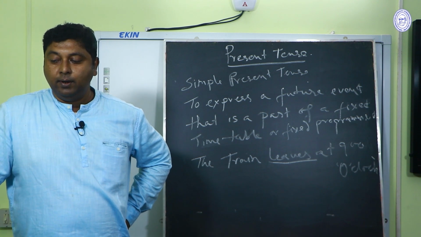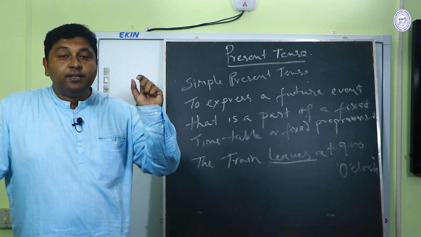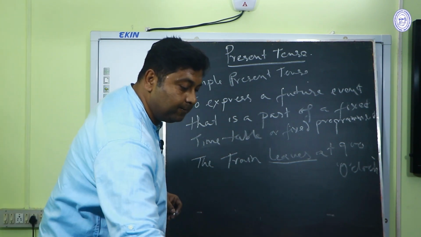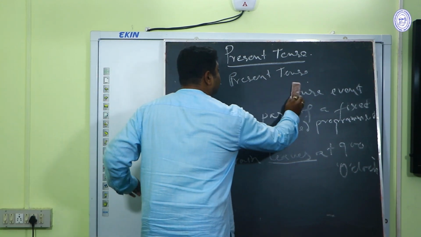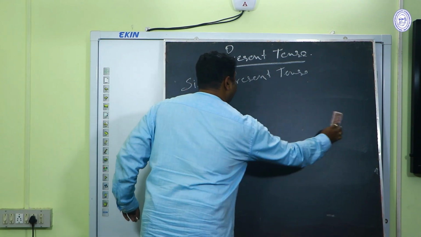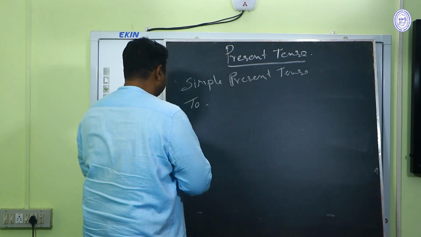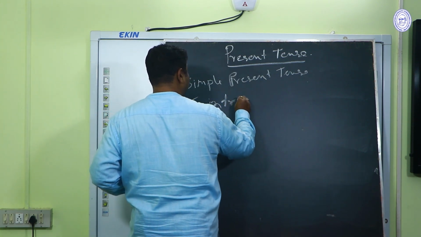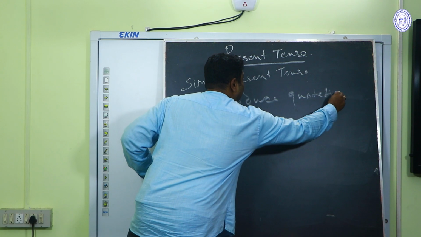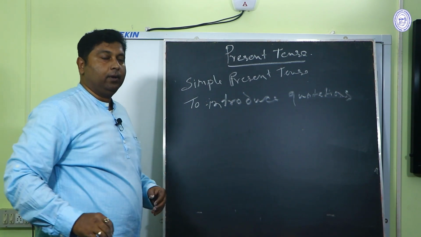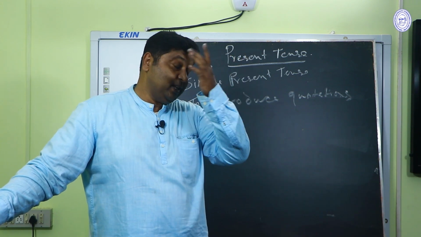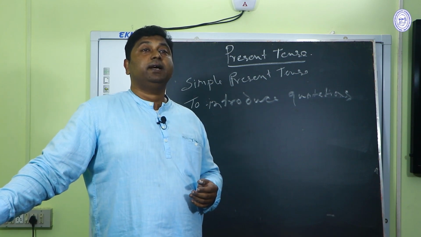That is, it is used to introduce quotations, like Keats says, quote unquote, that is within inverted commas, "A thing of beauty is a joy forever."